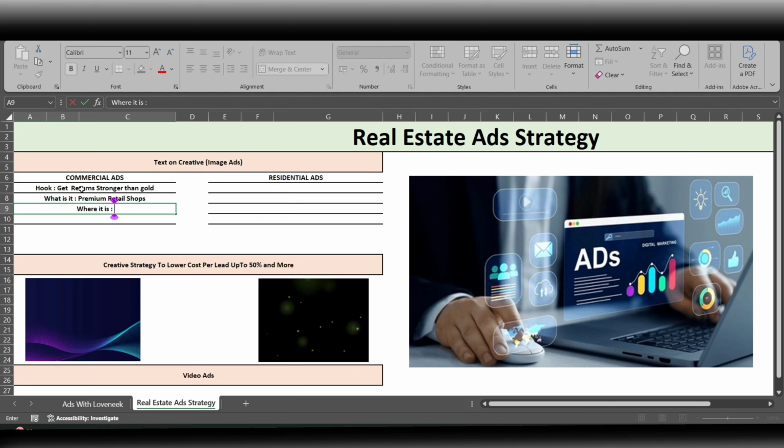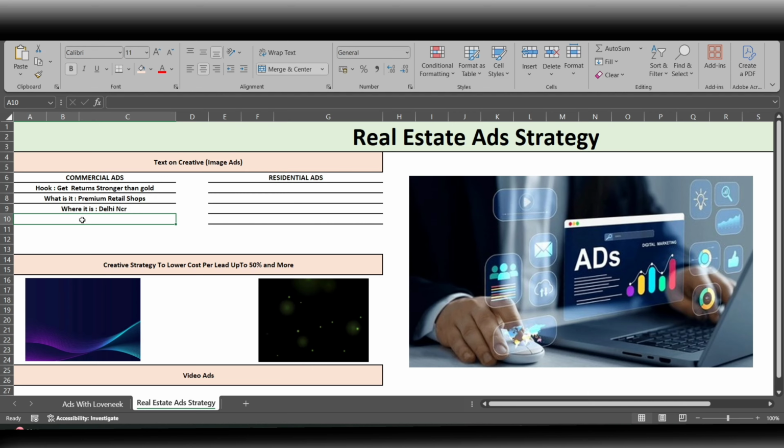Let's say it is in Delhi NCR. So these are the 3 things that your creative should always have while you are running ads for your real estate client: a great hook, then what the product is, which in our case, let's assume, is premium retail shops. Basically it is a retail shop, but this is the way of writing it. Then we mention where it is, the location. This makes it clear what the product is and what the location is. Location is very important while you are working with real estate clients.